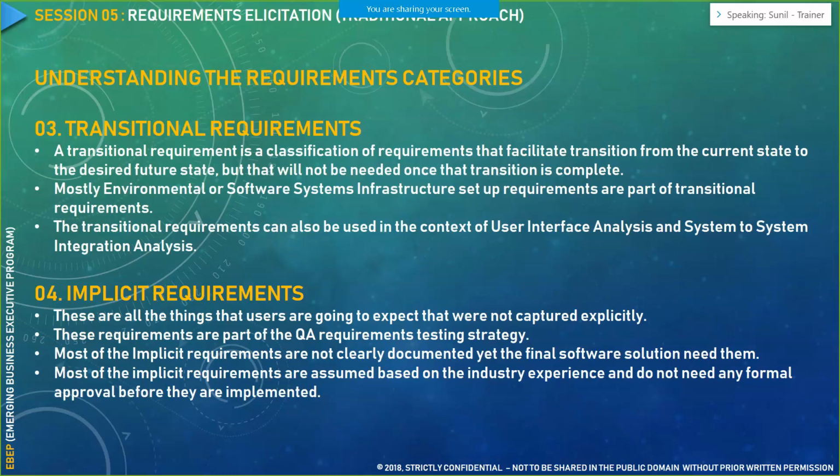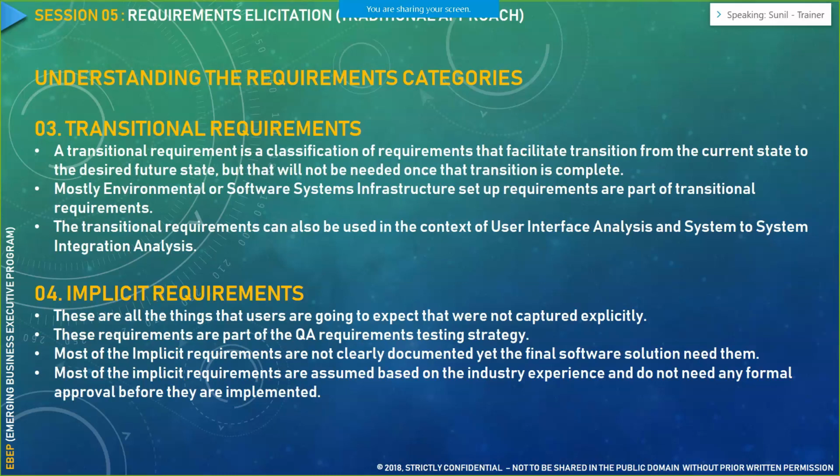Let's say you are migrating from a legacy system to a newer version of the system. The migration process from a legacy system to newer system would be captured with the help of your transitional requirement. What are the data elements that we would be transferring from older system to newer system?